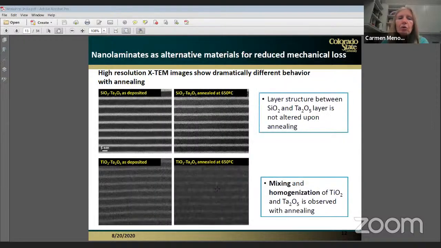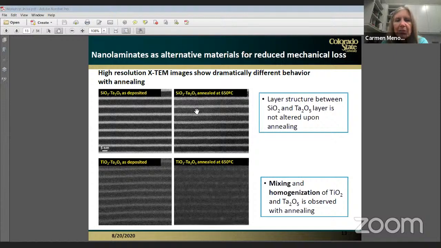We can also grow nanolaminates. And what you see here are high resolution transmission electron images that show nanolaminates of silicon dioxide and tantalum pentoxide. Each of these layers is nanometers thick.